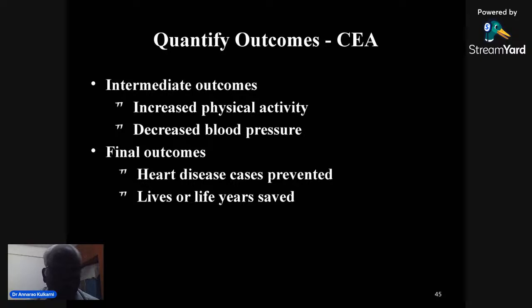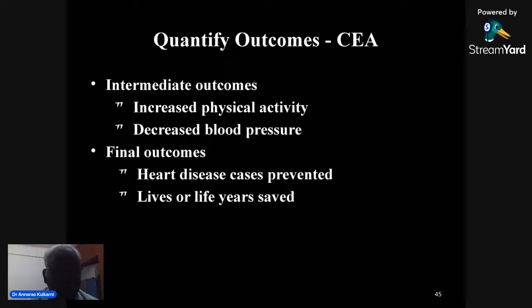Outcomes or effects included in the cost effectiveness analysis can be defined narrowly or broadly, although the broad definitions are preferred for decisions bearing on public policy. Narrowly defined effects include those that are intermediate in nature and that may be easier to capture, such as immediate increase in the physical activity or decrease in the blood pressure associated with the hypertension intervention, or such other examples.